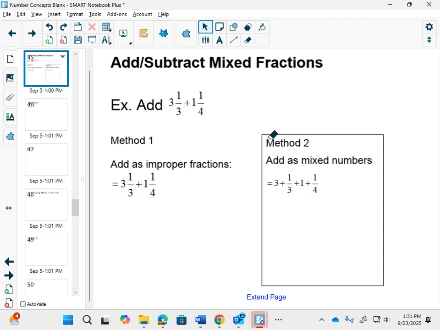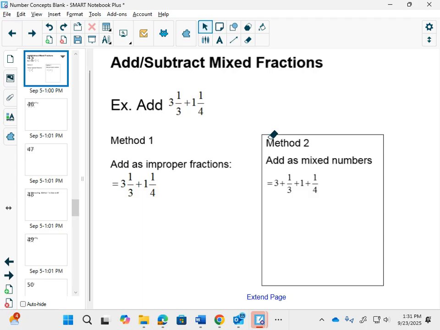If you were estimating, would it make sense that you would have 4 and a little bit more? Like you have 3, a little bit more than 3, and a little bit more than 1. You're going to get 4. Maybe you'll get up to 5. Maybe not. We'll see. But first of all, get an idea of an estimate of what your answer should be. Because in the end, you'll be able to say, hey, I think my answer makes sense, or my answer doesn't make sense.